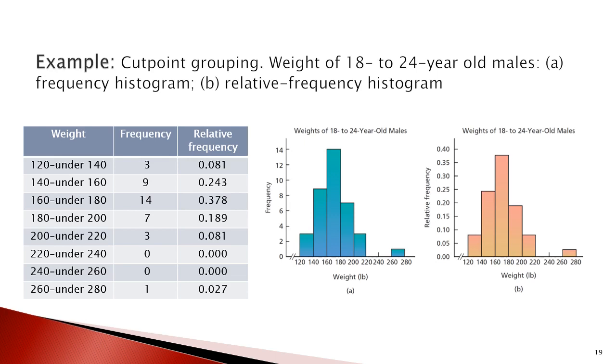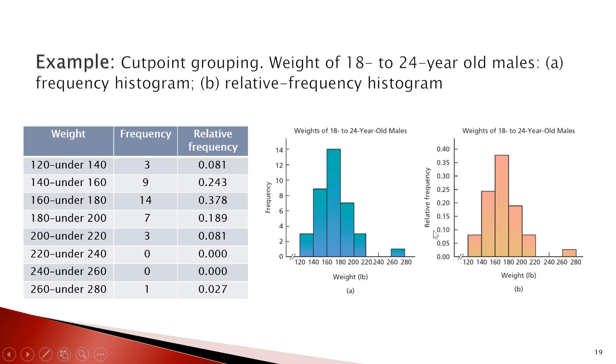As there are no data on those values from 0 to 120, for a better representation we are going to start with 120 and represent it like this. The definition is the same for the frequency and for the relative frequency.